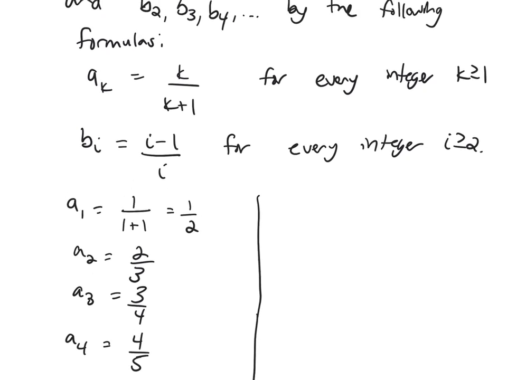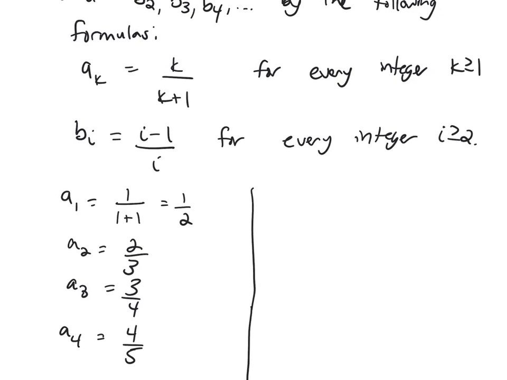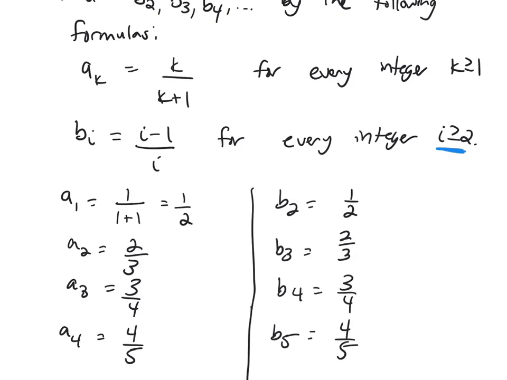Now let's look at the other sequence, B. Now here, look at your formula. You're not going to plug in 1. I start off by plugging in 2. So b_2 would be 1/2. b_3 would be 2/3. b_4 would be 3/4. b_5 would be 4/5.